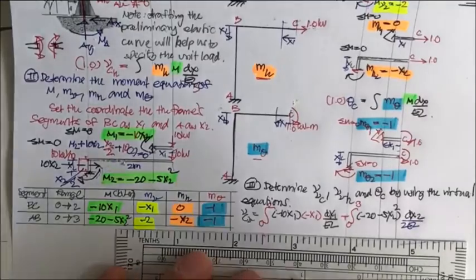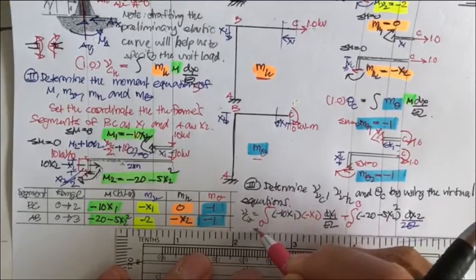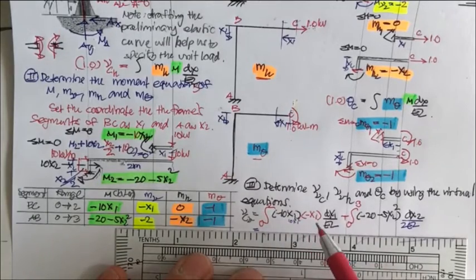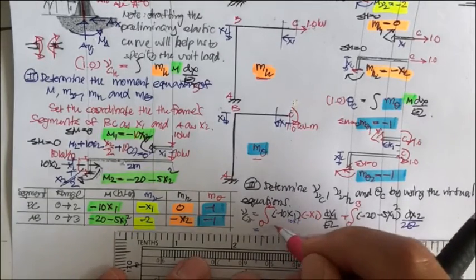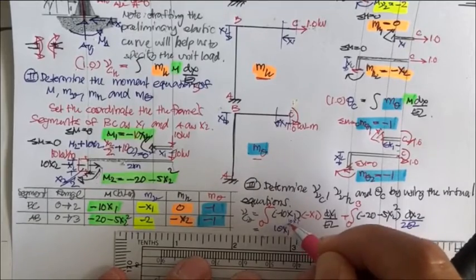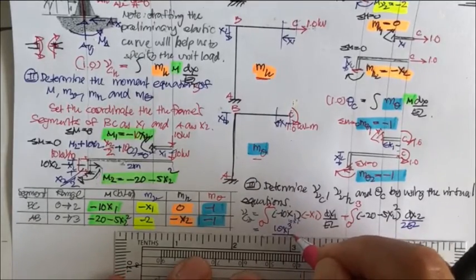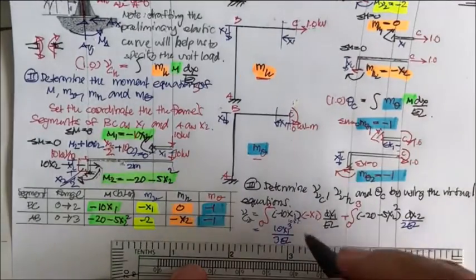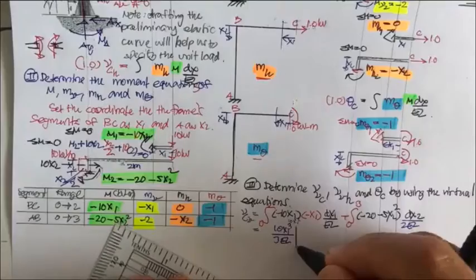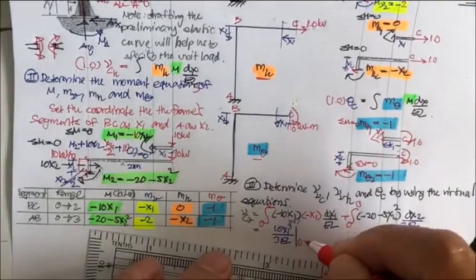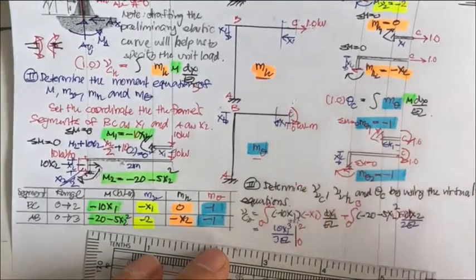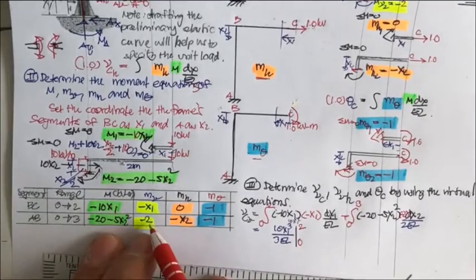Okay, and then further integration, this is going to be 10x1 square. So you do the integration, you get 10x1 cube divided by 3EI, and then you get this integration from 0 to 2. Oh sorry, this missed something. This is going to be minus 2. You have to times this with this.